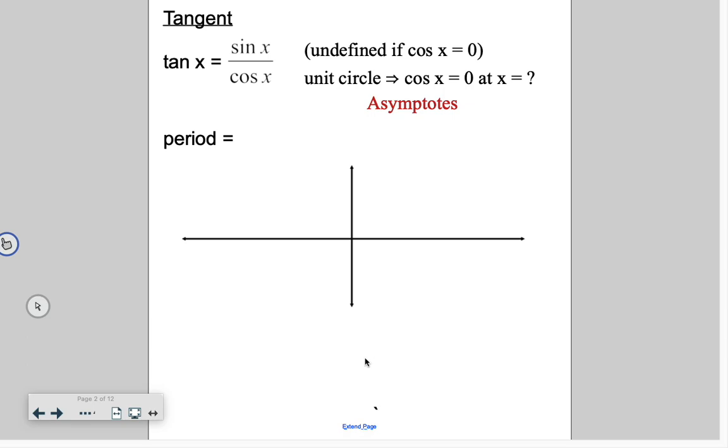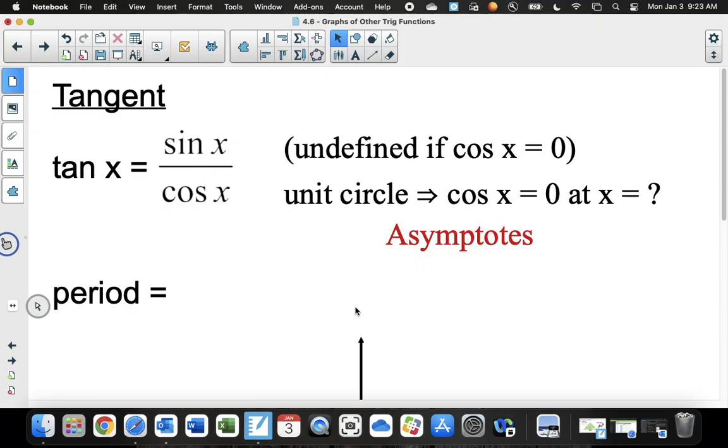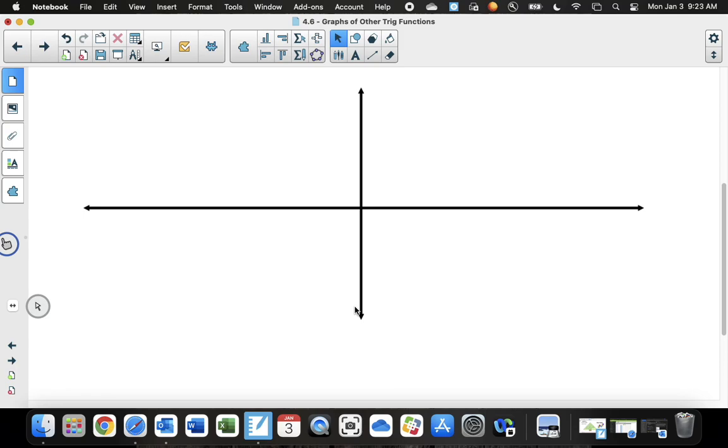So if we add that to the graph, there we go. We said at pi over 2 is going to be our first vertical asymptote because that's where the cosine would equal 0. So let's put that in. And we said at 3 pi over 2. We also said if we went in the negative direction, we would have a vertical asymptote at negative pi over 2 and negative 3 pi over 2.